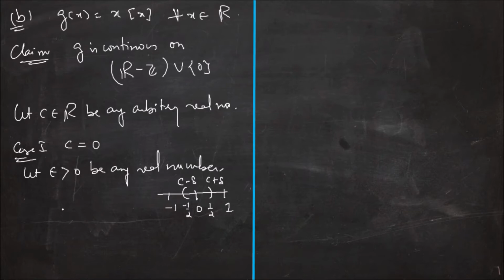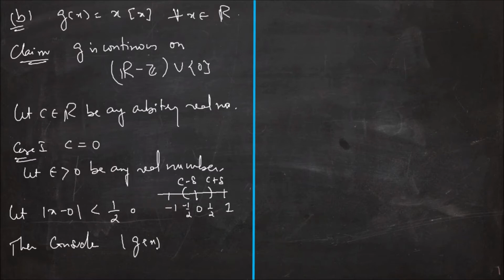So first we will take a bound on delta. So let |x minus 0| be less than 1 by 2. So this is the bound we are taking. Then consider |g(x) minus g(0)|. So this is equal to |[x] minus 0|.